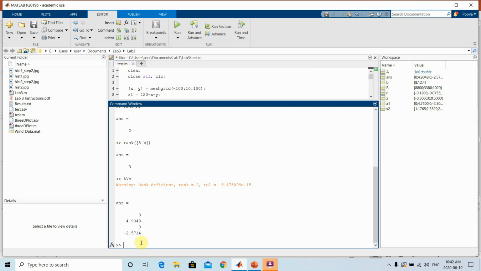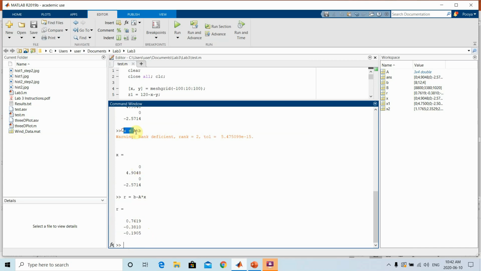Why? Because let's calculate r, which is b minus A times x. Let's first call this one x. x is equal to A backslash b. Now let's calculate r equal to b minus A times x. It's not 0. The residual vector is not 0. It's nowhere close to 0 either, right?